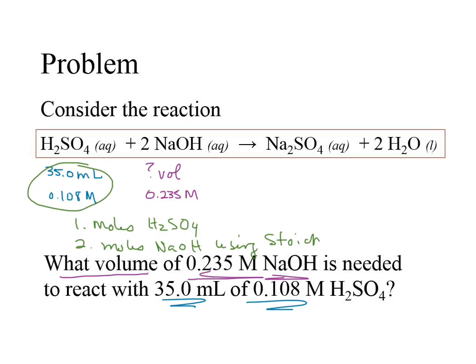Well, let's just say we have the moles of NaOH now. Do you see where I can use the moles and the molarity of the NaOH to get to volume? That's it. Step number 3 in this one. Get volume of NaOH using the moles.